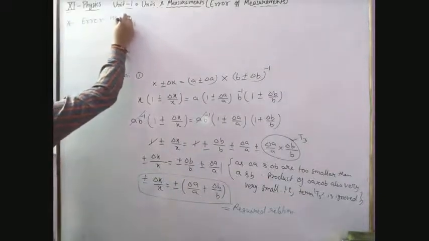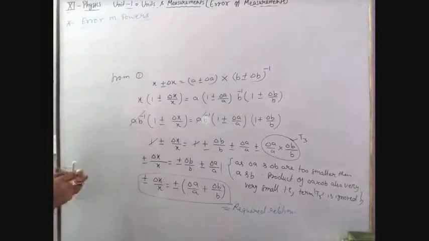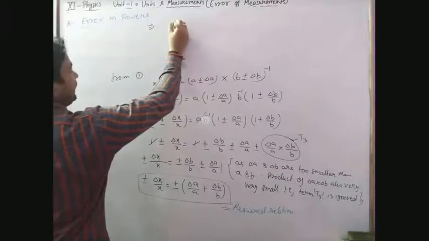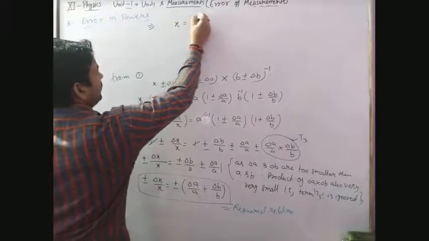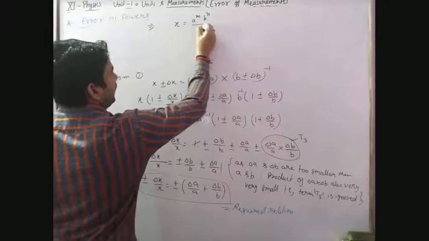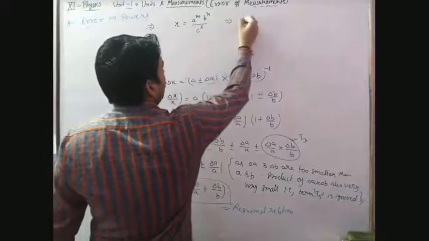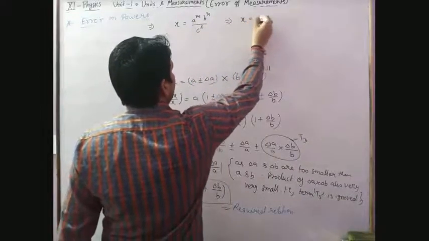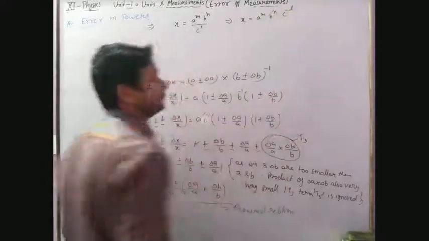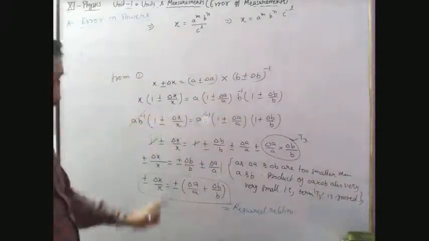Error in powers. Okay, so let a physical quantity be represented as x = a^m b^n c^l. Therefore you can write it like that, x = a^m b^n c^-l. Clear? Therefore you can easily calculate this in the same manner.